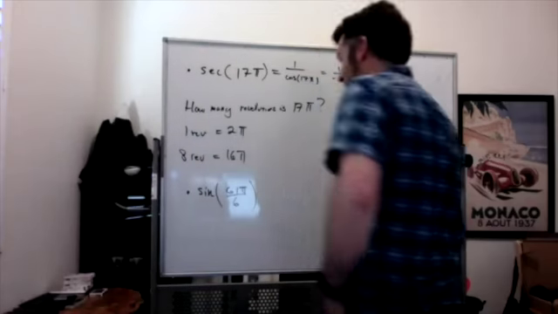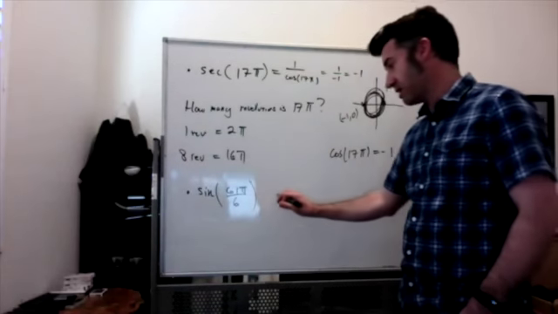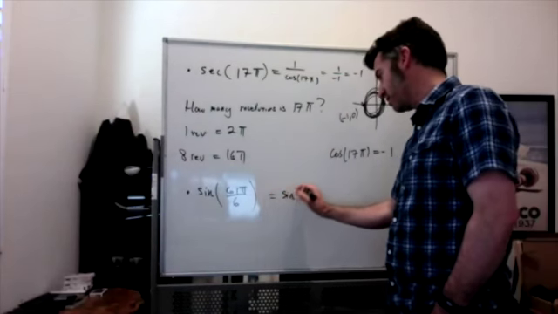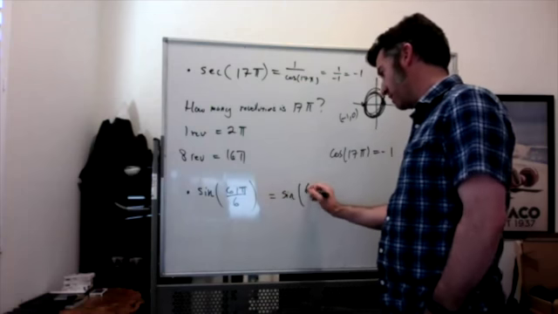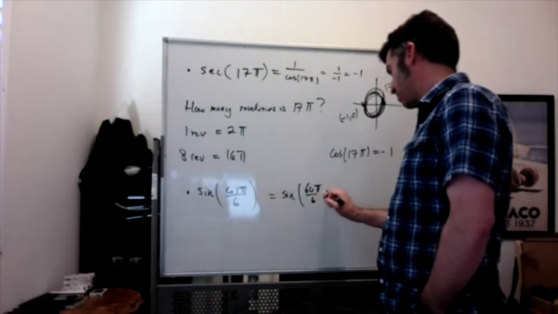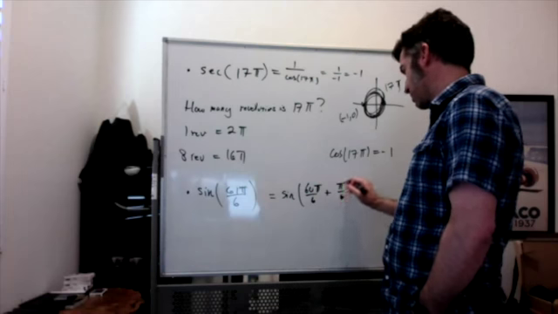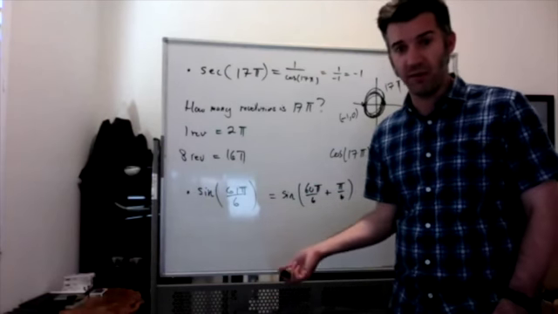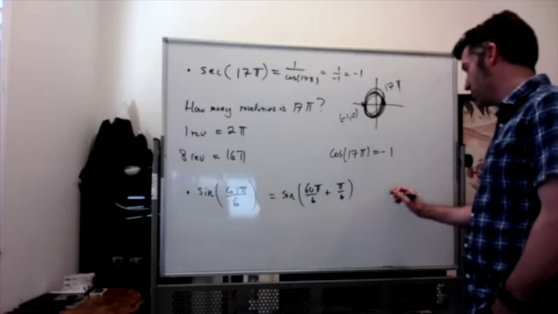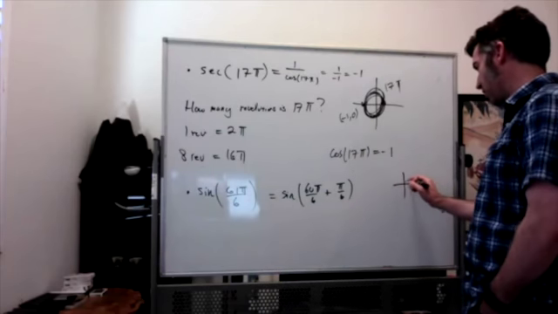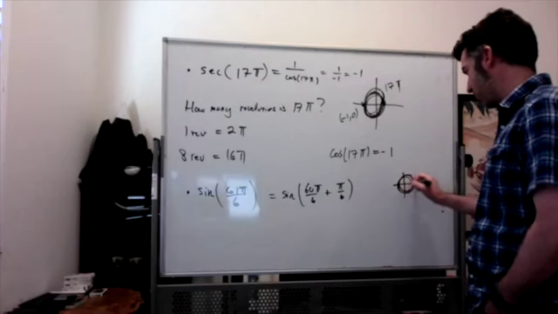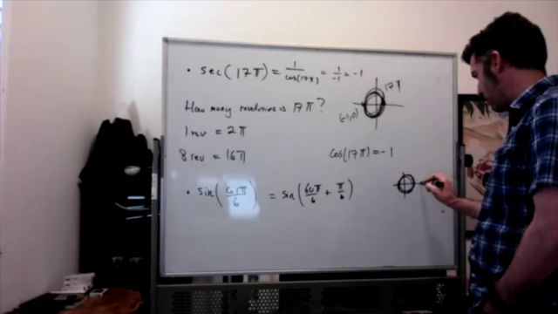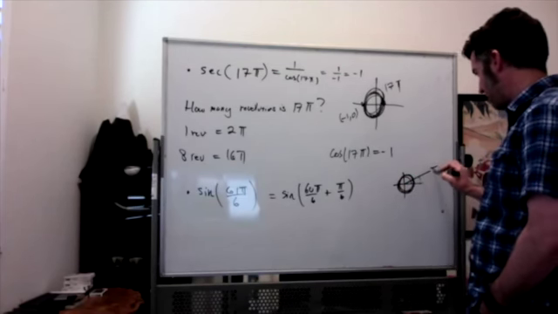So 61 pi over 6, I can break that up as 60 pi over 6 plus pi over 6. 60 pi over 6 is 10 pi, which is 5 full revolutions. So this angle is going to be the same as going around 1, 2, 3, 4, 5 times, and then pi over 6.